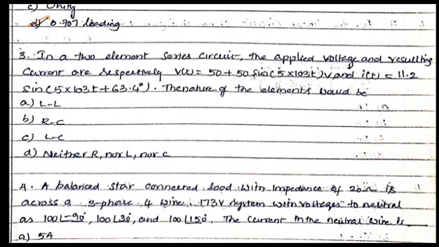If you take the voltage as reference, the angle is 0, and the current leads the voltage by 63.4 degrees. So what is the nature of the element? If it is exactly 90 degrees it would be a C, but here it is 63.4 degrees, so it is a combination of an RC network. So the answer will be B.